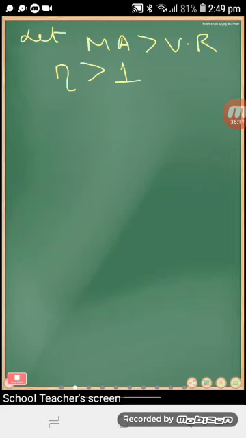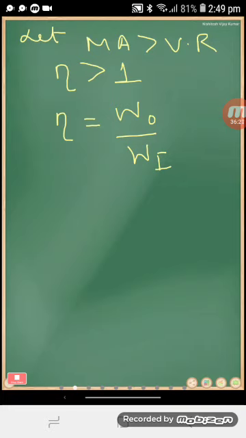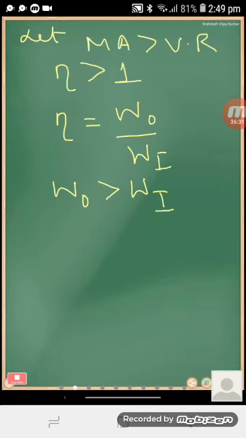If I write efficiency equal to work output by work input, and efficiency is greater than 1, it means that work output is going to be greater than work input. And if work output is greater than work input, it simply means that energy output is going to be greater than energy input.